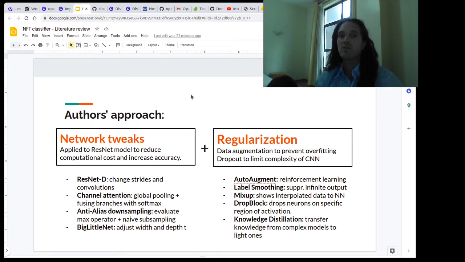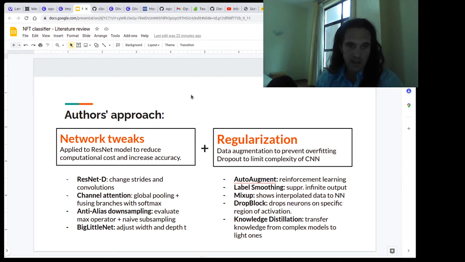And they combined those network tweaks with regularization techniques, two of them actually: data augmentation to prevent overfitting and dropout to limit the complexity of the CNN. So, going fast to the different tricks they have been using.